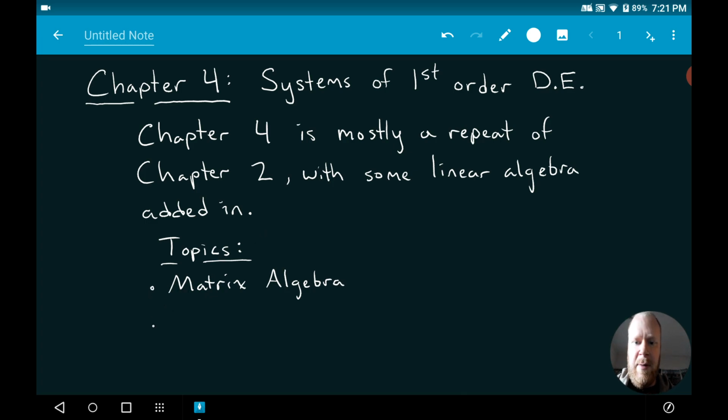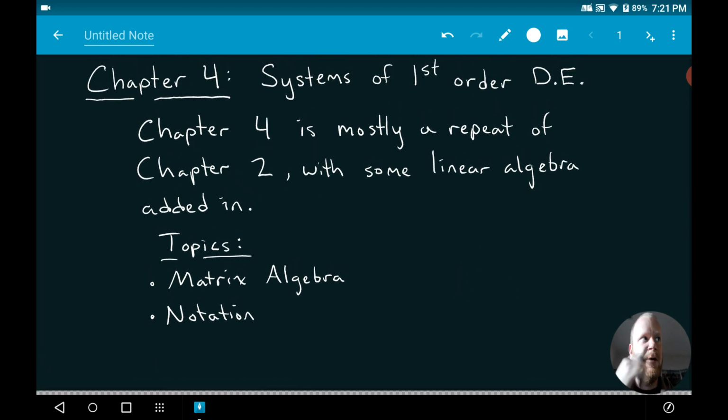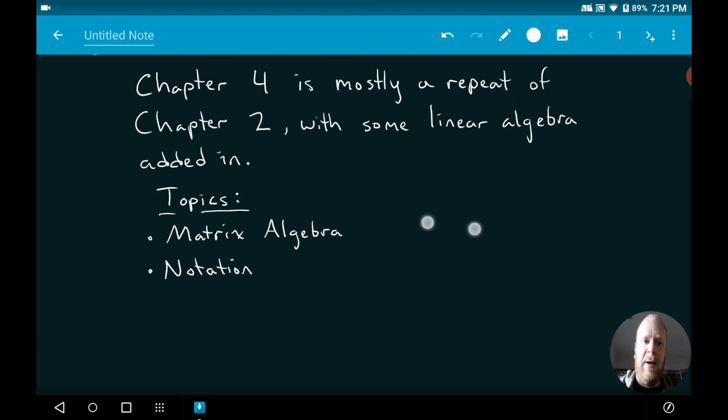I'm going to talk about notation, since I'll be trying to match the notation in the book for the most part, and that might be different from what you may have seen before. We'll talk about taking determinants, both the 2x2s and 3x3s.